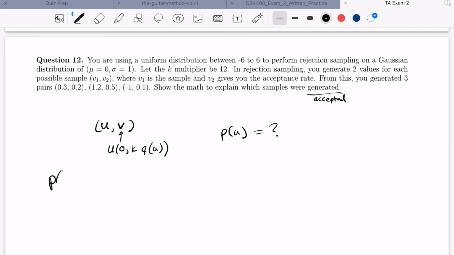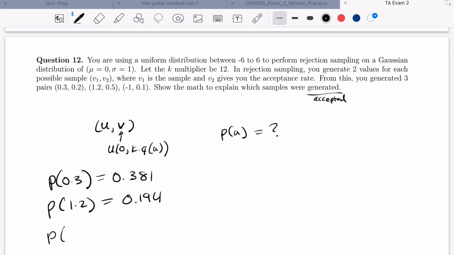So going through the samples, we have P of 0.3, which is equal to 0.381. We have P of 1.2 is equal to 0.194.